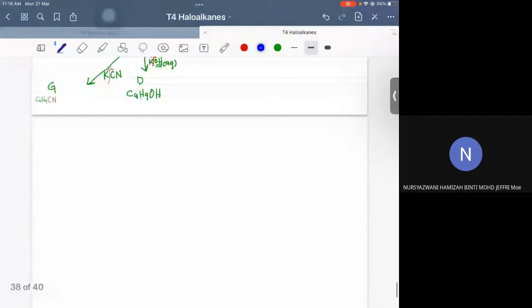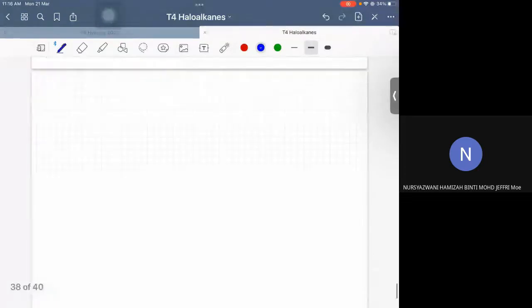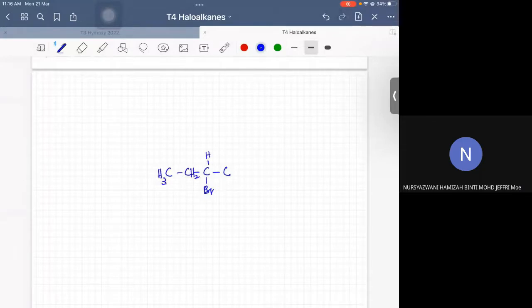Jadi A kita adalah 1, 2, 3, 4, bukan double bond. BR kita dekat carbon number 2. And then react dengan siapa? KOH, ethanol, and then heat alcohol ke kan. Lepas tu you dapat alkin yang simetri.